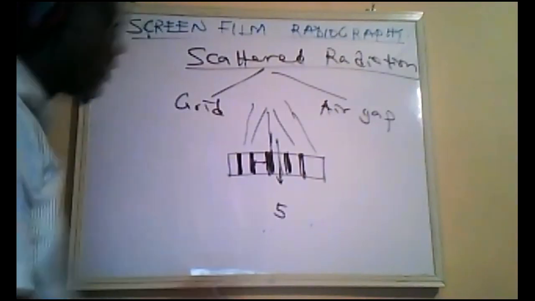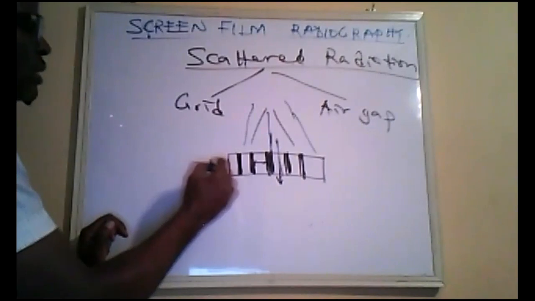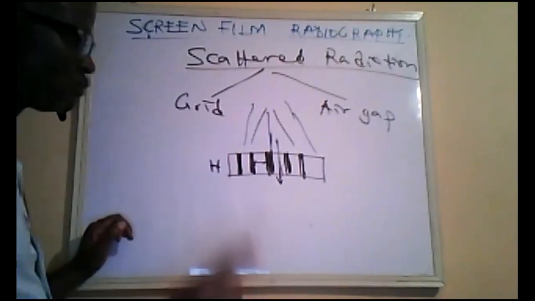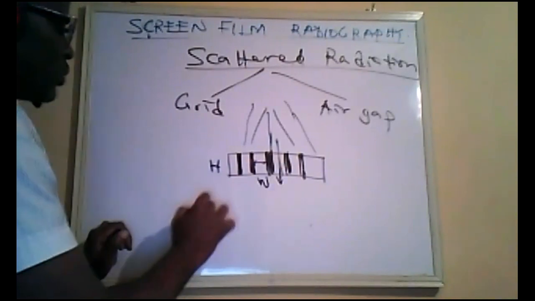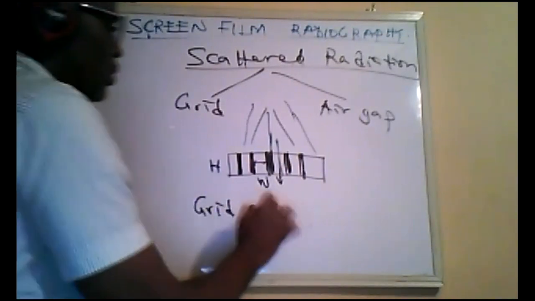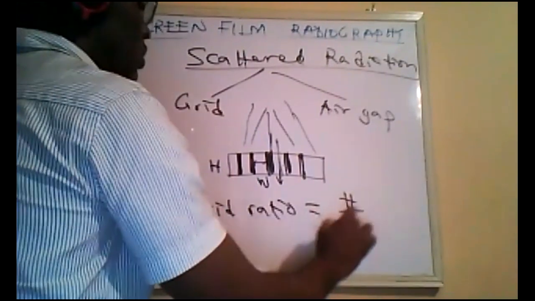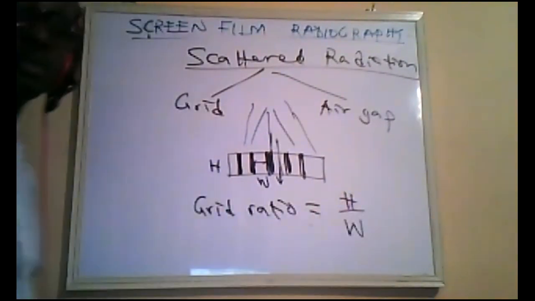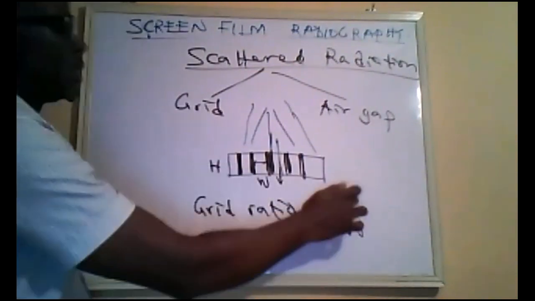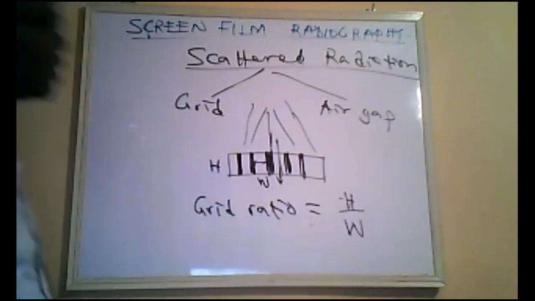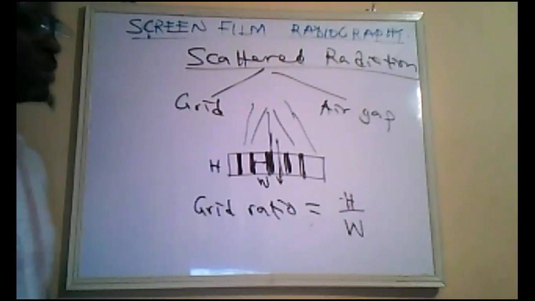So we have a grid ratio, and this is the height, and these are the widths. Grid ratio is simply H over W. The grid ratio is the ratio of the height over the width. So the greater this ratio, the better the scatter rejection.